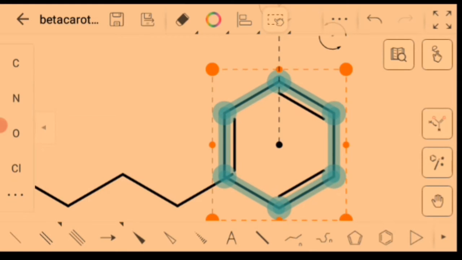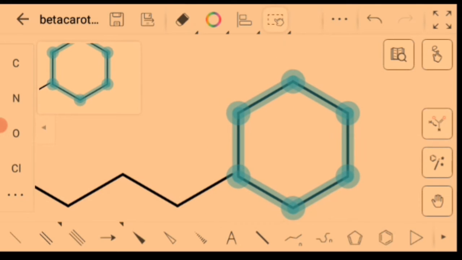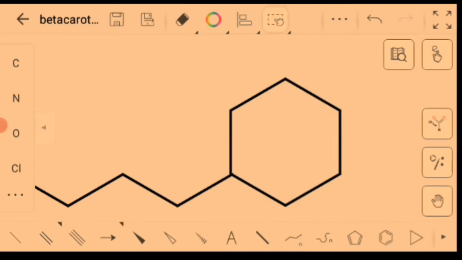So here is the beta ion structure. I just deleted all the features of benzene that it actually possesses.